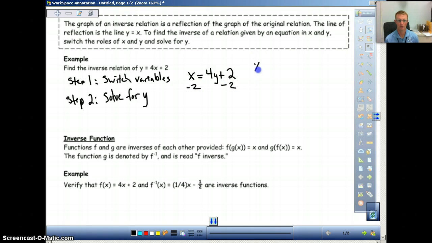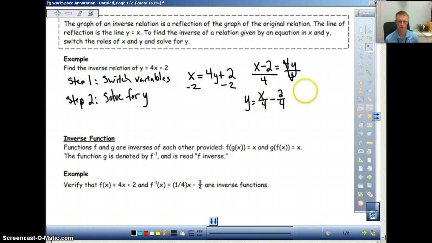So we're left with x minus 2 equals 4y. Divide by 4. Divide by 4. Now the one thing I want to see you do is not leave it like this. Let's turn each of these into a fraction. So this will end up being y equals x over 4 minus 2 over 4.